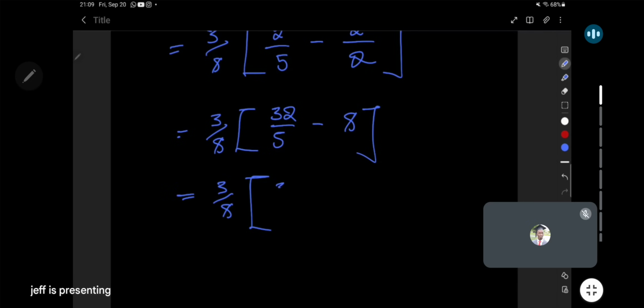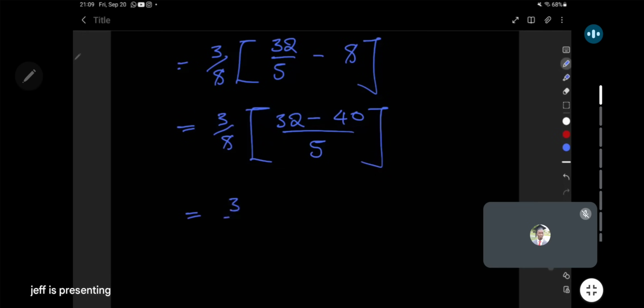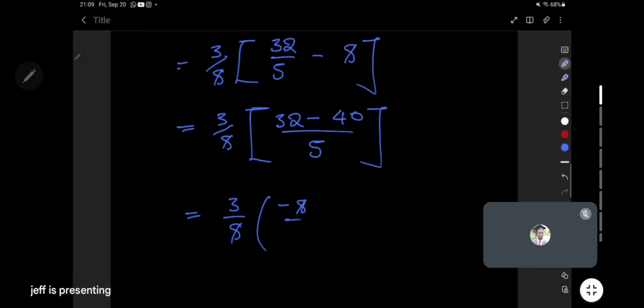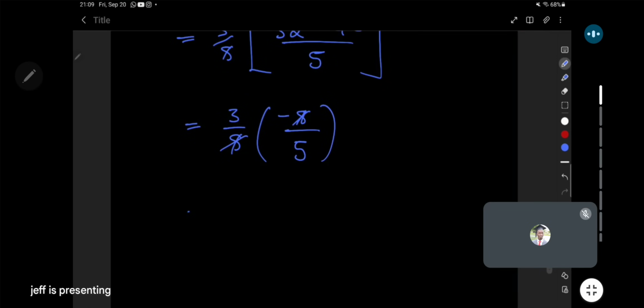This will be 32 minus 5, and that will be 40 over 5. And then finally 3 over 8. The difference there will be minus 8 over 5. And then 8 and 8 cancel there. So that now we have minus 3 over 5, whatever the units.